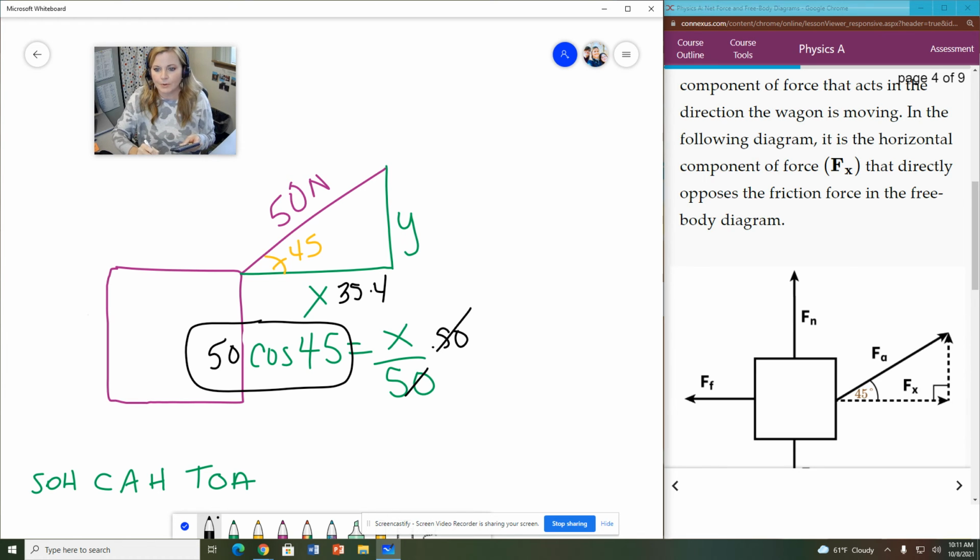And my y component is going to be sine of 45. For the y component, I say sine of 45, because sine is opposite, remember, is equal to y over 50. So again, multiply both sides by 50.